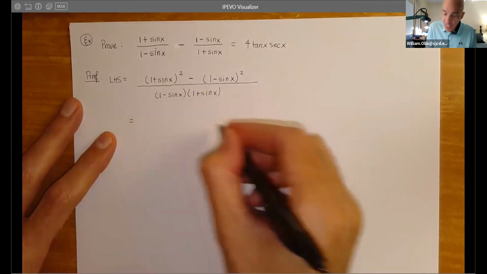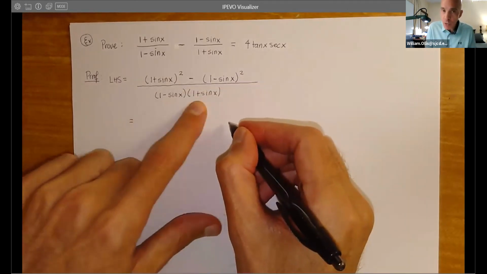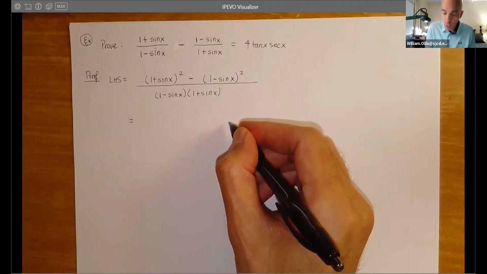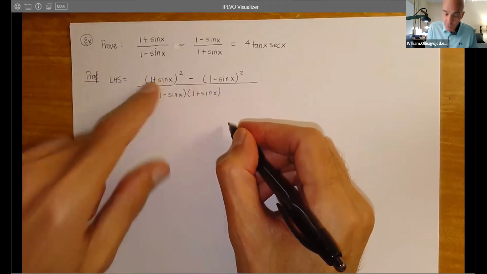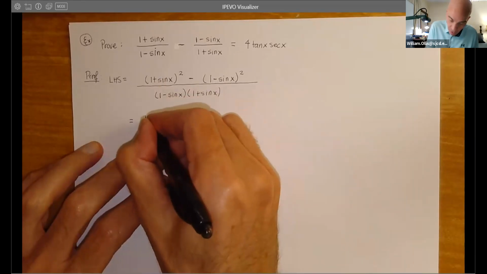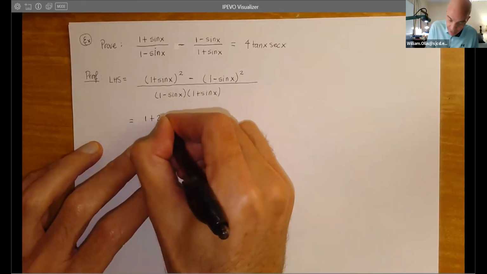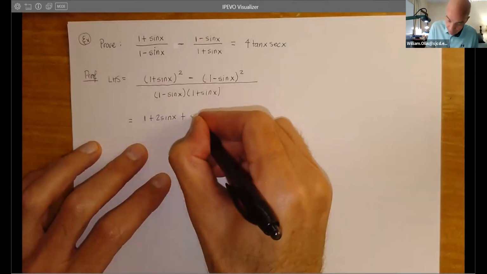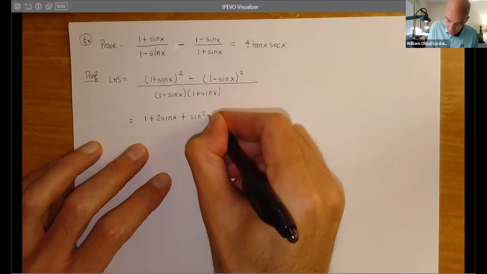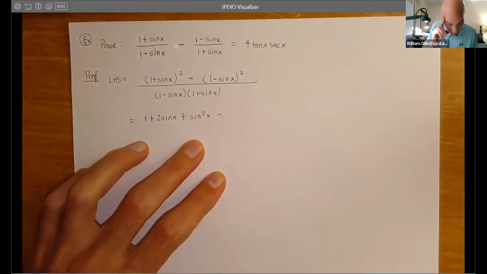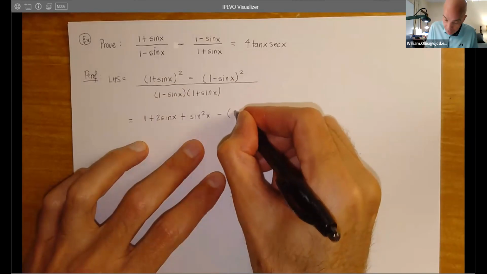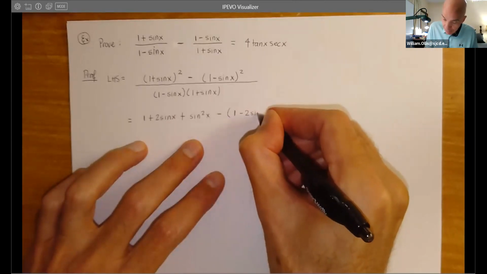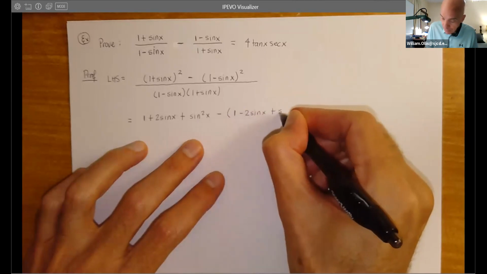So now, at this point, we're thinking, okay, downstairs we have a difference of two squares, which we can rewrite just like we did with the Heron's formula proof. And here we can expand these binomials. So we have 1 plus 2 sine x plus sine squared, and then we have minus, using parentheses of course, 1 minus 2 sine x plus sine squared.